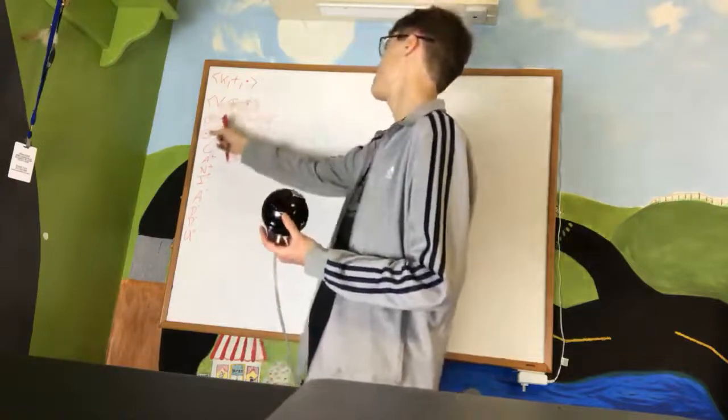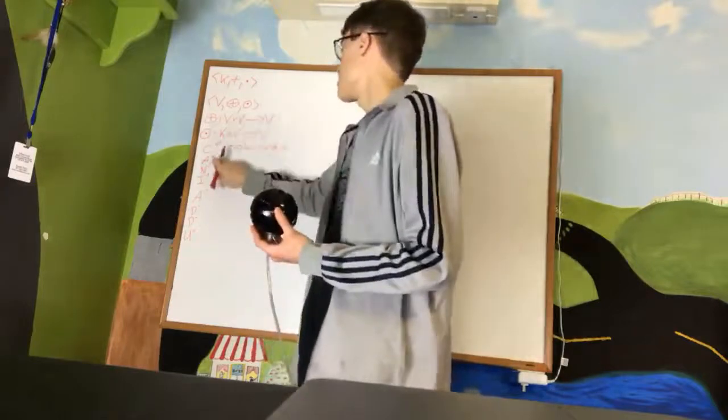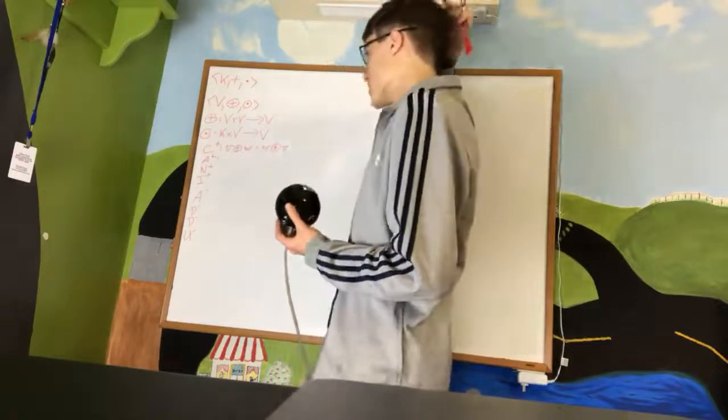And so this is the operation on two elements of the vector space. A stands for associativity.